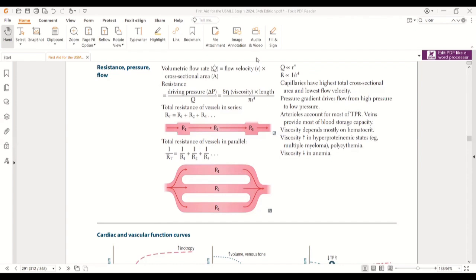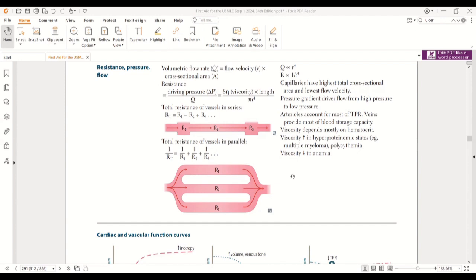Okay, I give you the example. Like they give you the clinical vignette of multiple myeloma, right? So they give you some arrows question, like what happened to the resistance of that patient? What happened to the viscosity of that patient? And sometimes they give the example of the condition of polycythemia, right?